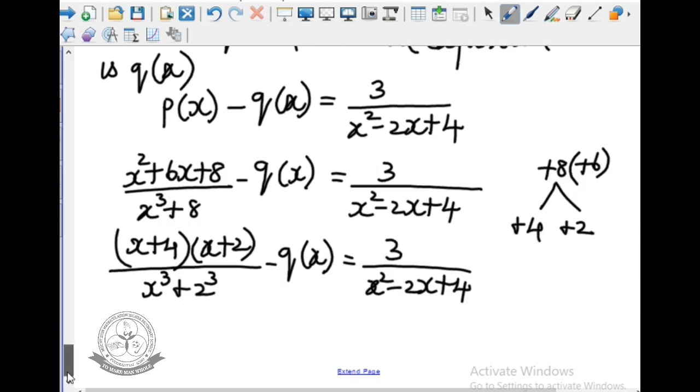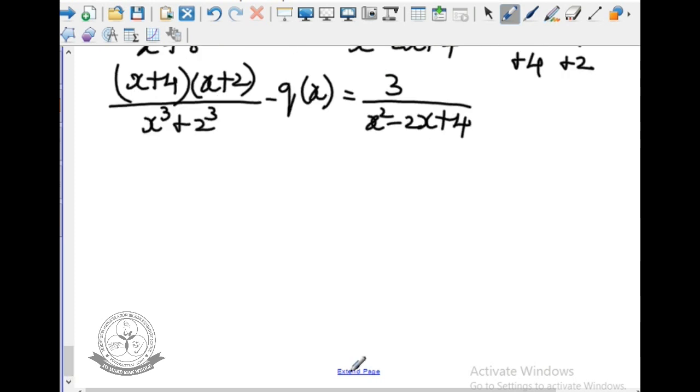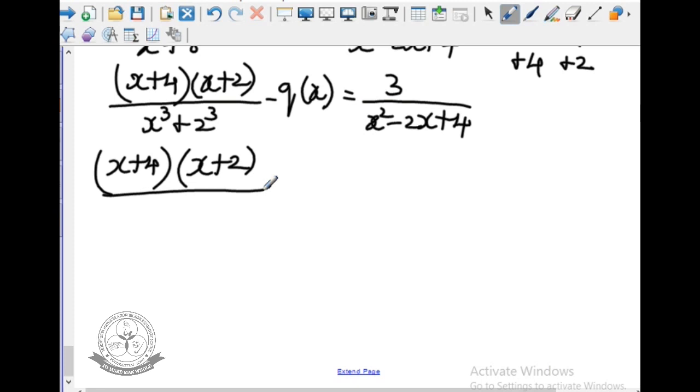That is equal to x plus 4 into x plus 2 whole divided by x cube plus 2 cube.